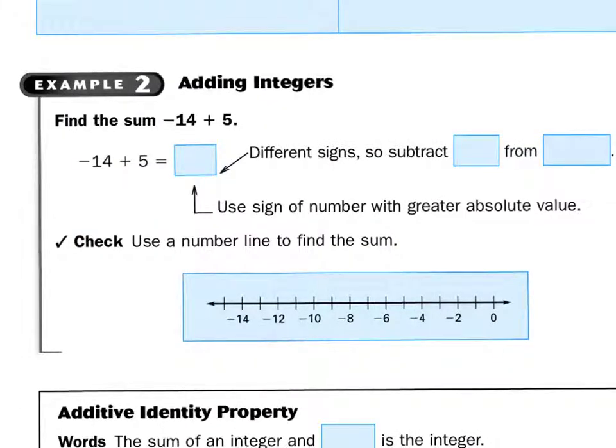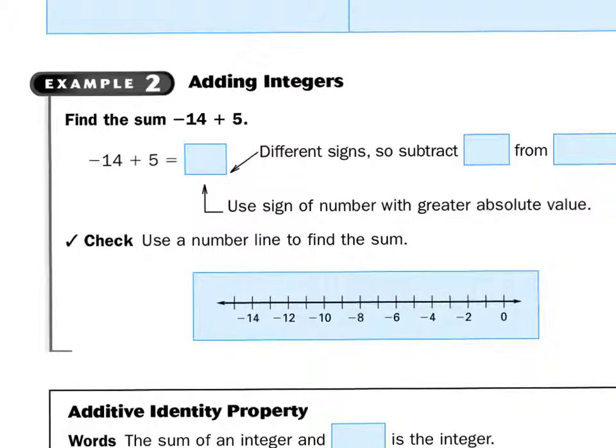In example 2, you will add integers without using a number line, but you can use a number line to check yourself. So we're finding the sum of negative 14 plus 5. Well, negative 14 plus 5 is going to leave us with a negative 9.